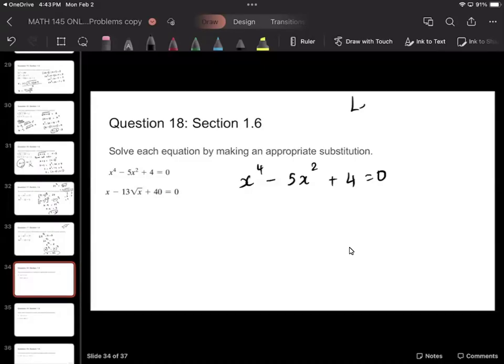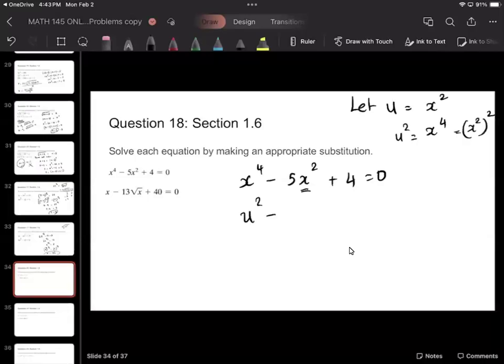So I'm going to say, let u be x squared. So this middle term, right? That's what I'm taking. So that means if u is x squared, what is x to the fourth power? X to the 4 is nothing but x squared, the whole squared, isn't it? Which means it is nothing but u squared.